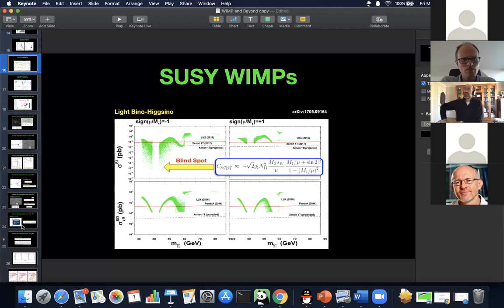Because the argument with the annual modulation is that the dark matter is essentially at rest in the overall rest frame of the galaxy and is acting as a gas, and we move into it, and therefore we experience a wind, and that's modulated by the motion of the Earth relative to the sun.